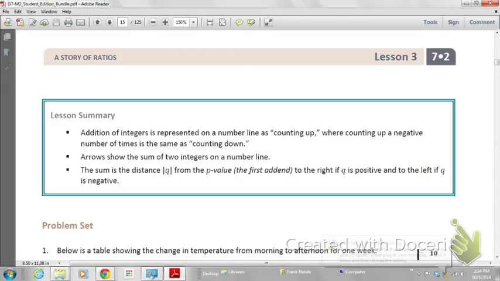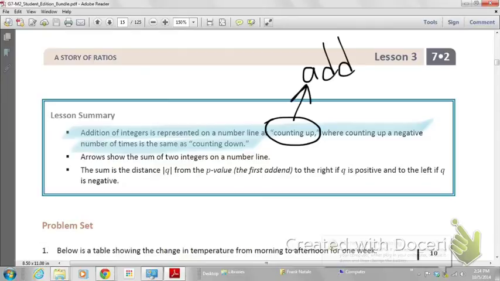So in summary, a few things to remember and to note. Addition of integers is represented on a number line as counting up. Counting up a negative number of times is the same as counting down. Now, I don't know if that is confusing or not, but what I think they're trying to say is that we're talking about sum, we're talking about adding.